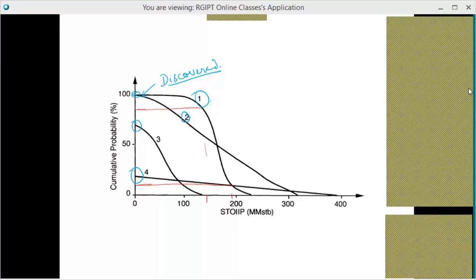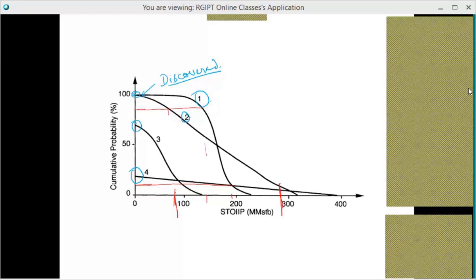Whereas if you look at number 2, to draw P90 and P10, there is a huge uncertainty. And of course, this uncertainty could be due to one or two major parameters about which there is uncertainty.